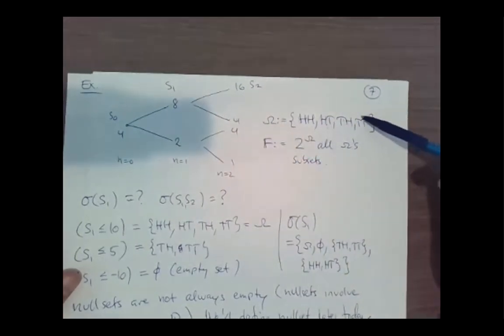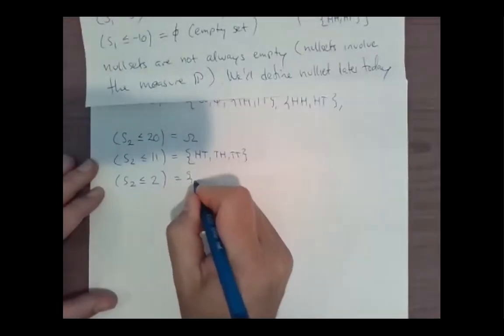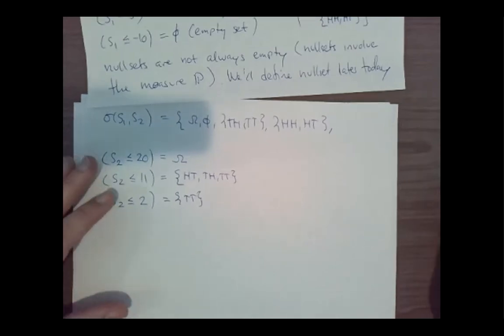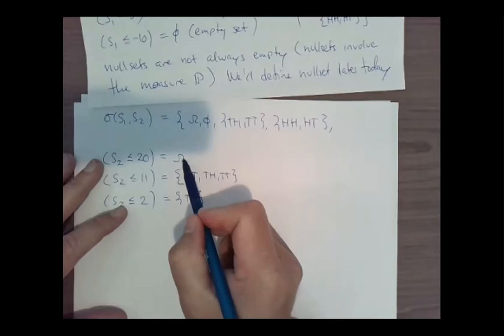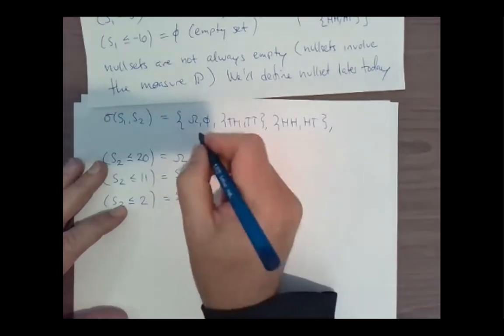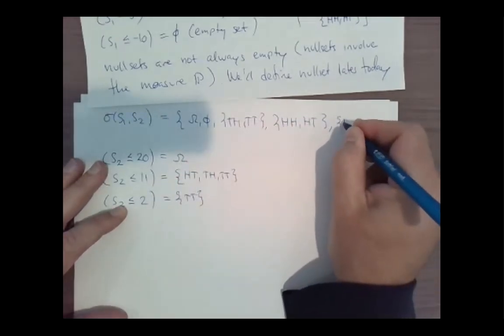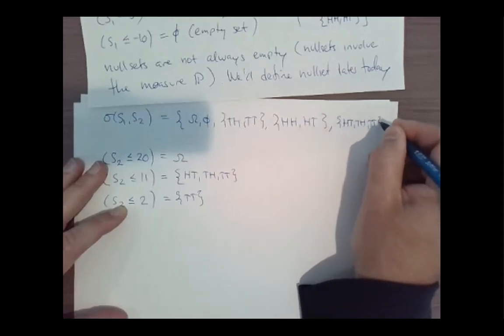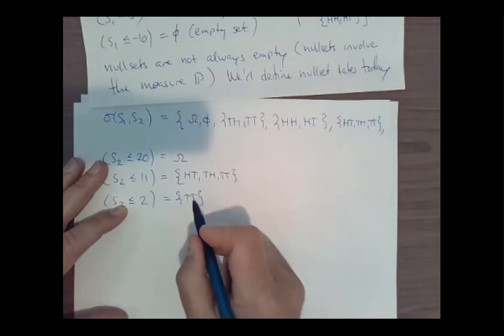That's going to leave me with just TT. So all these things have to go up here as well. Okay, so let me write that in. We already have omega, and then we're going to get HT, TH, TT. And then we're going to get TT.